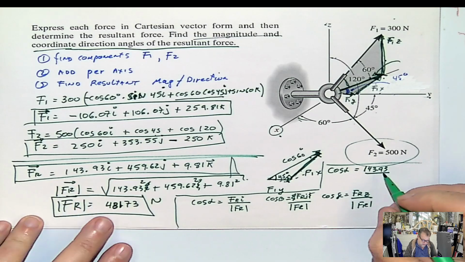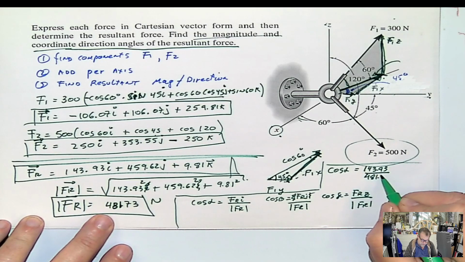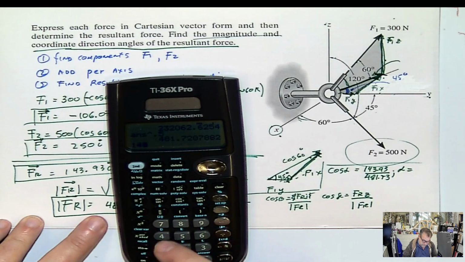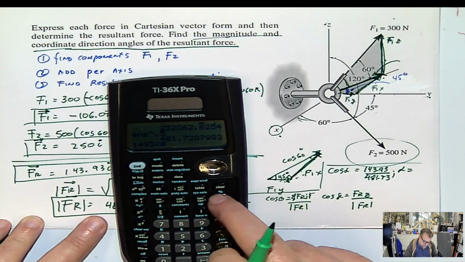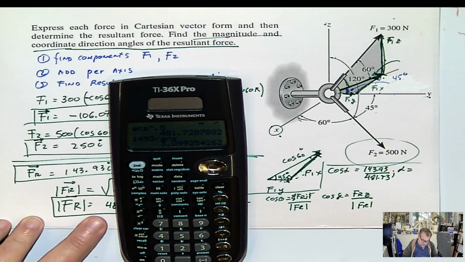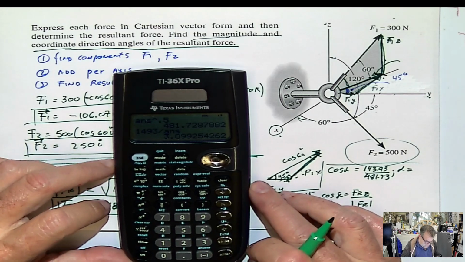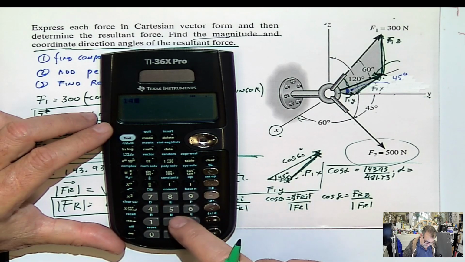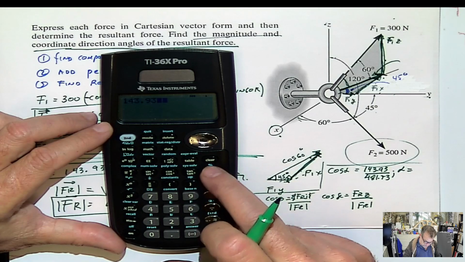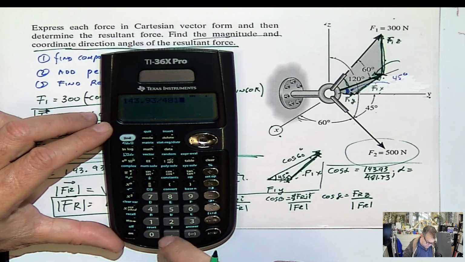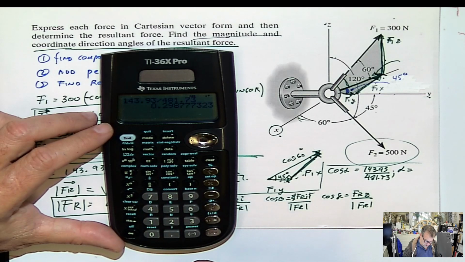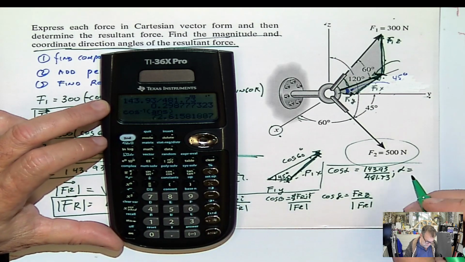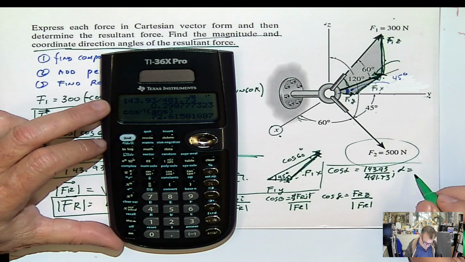So we can do that pretty easily. Cosine alpha equals 143.93 divided by the magnitude of the force, 481.73. That's the cosine of alpha, and the inverse cosine of that will be alpha, 72.62.